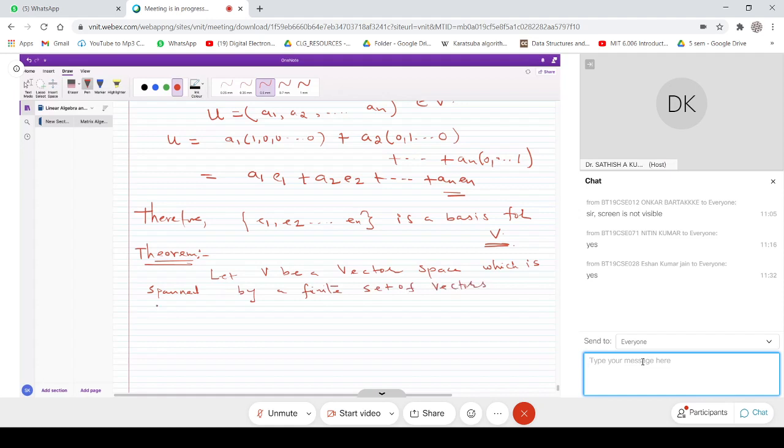Let's say beta 1, beta 2, etc., beta m. So V is spanned by beta 1, beta 2, etc., beta m.